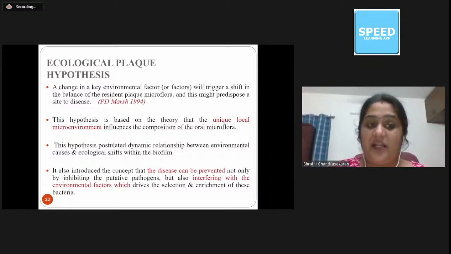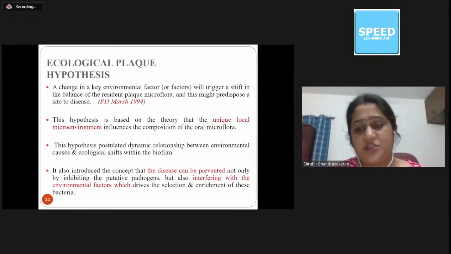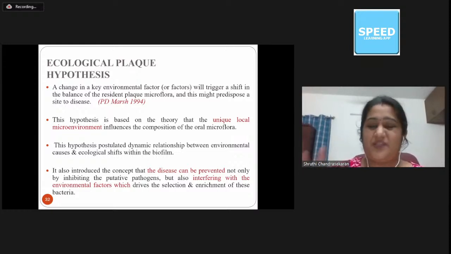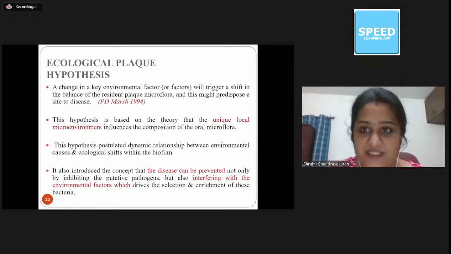Next, in 1994, Marsh and colleagues gave the ecological plaque hypothesis. What they said is, it is not only the composition of plaque, but also the environmental factors which play a very important role in the disease progression. So a change in the key environmental factor will trigger a shift from the balance of the resident plaque flora that may predispose to the formation of the disease at that particular site.